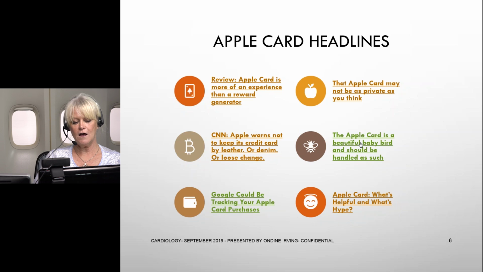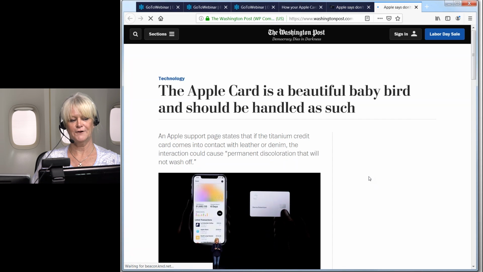Let me click on, which article do you want to see? Let's go on the beautiful bird one. If I click on that, is the article going to come up? It's working on it. There we go.